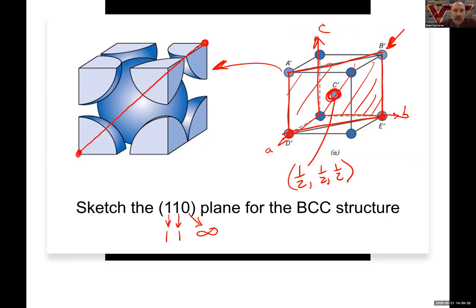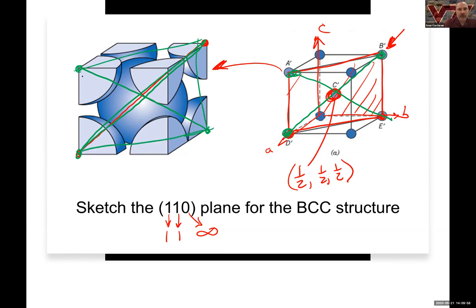In terms of this plane, let me change my color for a second here. This means the atoms are touching along these body diagonals, and then from this one to this one. I think that's the plane that I want to sketch. I know that's a bit of a mess.